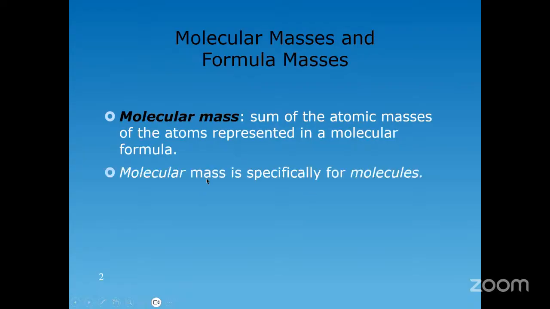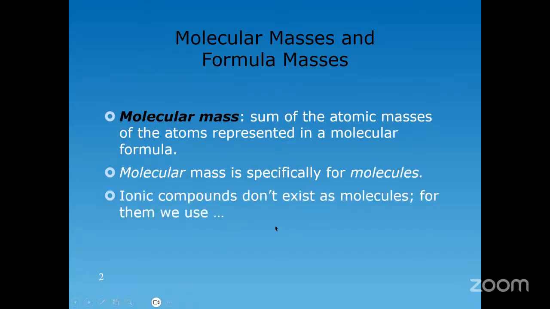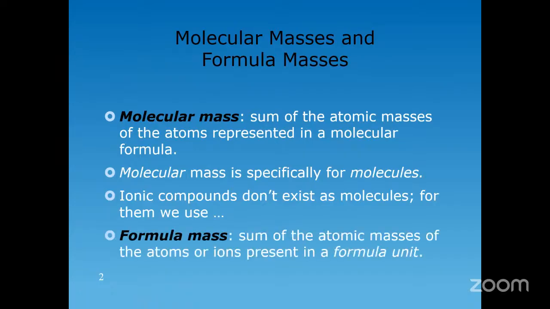Now, this term molecular mass is specifically for molecules. When it comes to other compounds, ionic compounds especially, because they don't exist as molecules, there's an alternative term known as the formula mass, right? It's pretty much the same thing. The only difference is that we add up the atomic masses according to the formula unit, as opposed to the molecular formula in the case of molecular mass. But it's basically the same thing in terms of the units. The units would be atomic mass units in either case, all right?